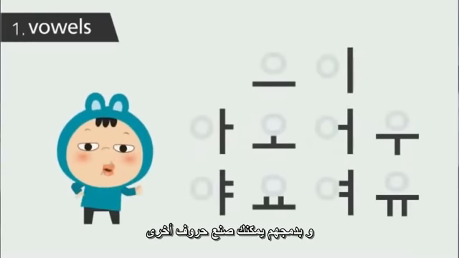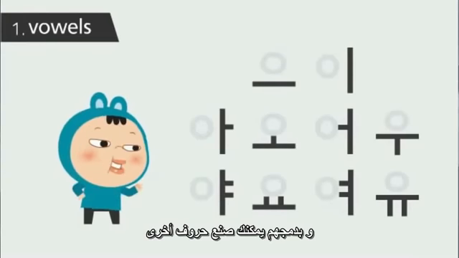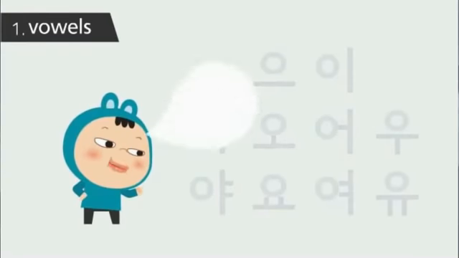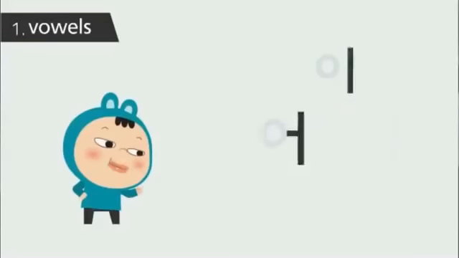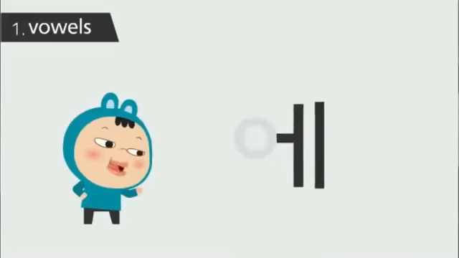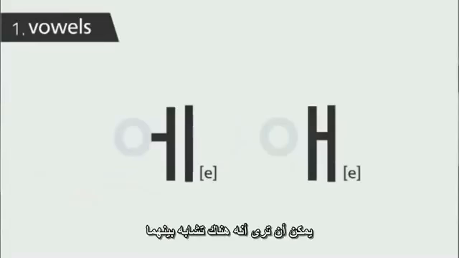You can also make diphthongs. In other words, it is a combination of 2 other vowels, as you can see in English words such as male or see. For example, A plus E equals A, and A plus E makes A. You can find their sounds pretty much the same.